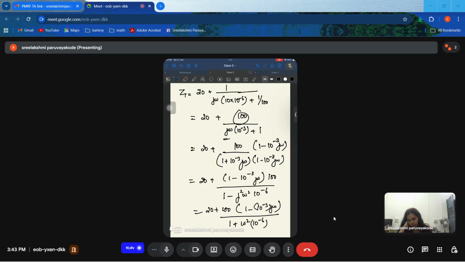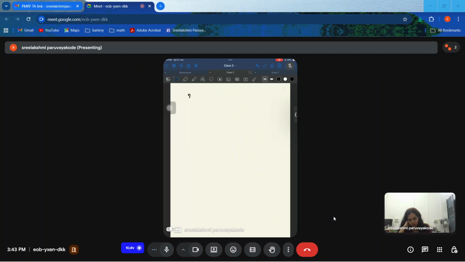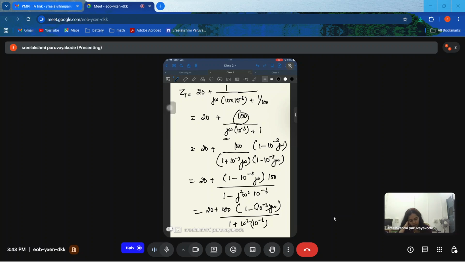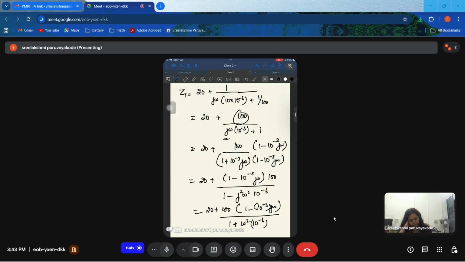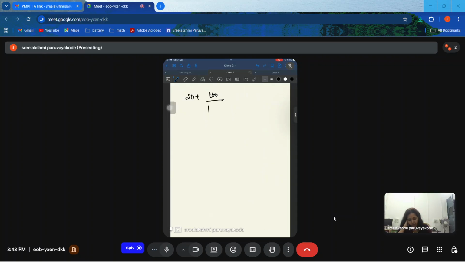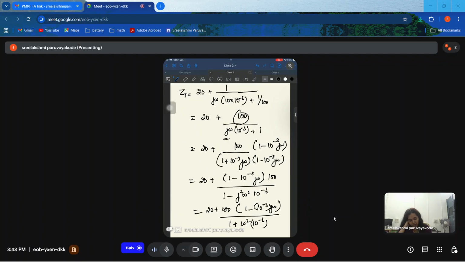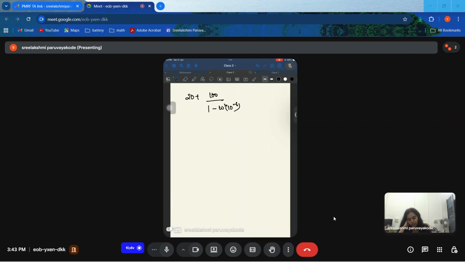Now, let us split this into real part and the imaginary part, which is 20 plus 100 into 1 by 1 plus omega square 10 to the power minus 6. And I have another term, 100 into minus of 10 to the power minus 3 j omega, which is 100 into 10 to the power minus 3 j omega over 1 plus omega square 10 to the power minus 6.